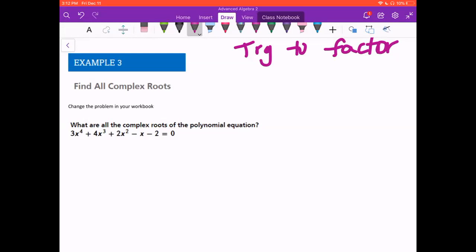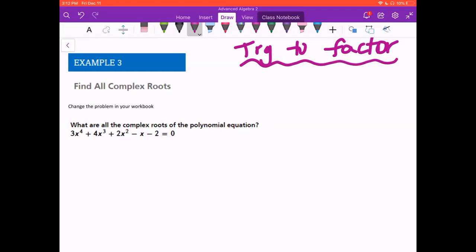So to try to factor, if no other method that you've ever done before, like sum and difference of cubes, greatest common factor, factoring the trinomial, if none of those work, then you can apply the rational root theorem.